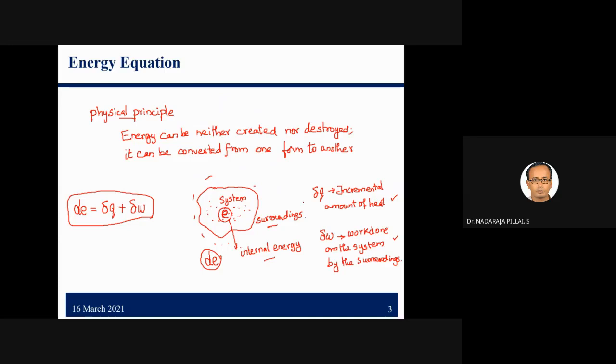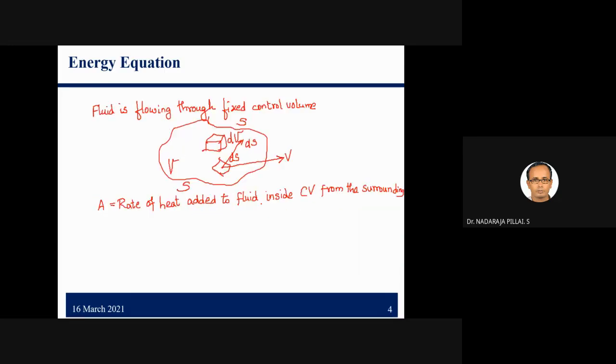So the amount of heat added to the control volume from the surroundings, then because of the supply of heat, you have a work done. So let us say B, the rate of work done on the fluid inside the control volume.